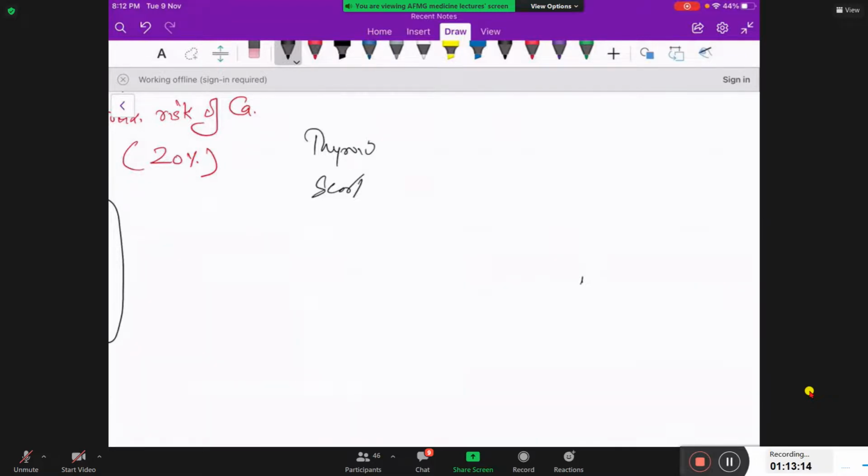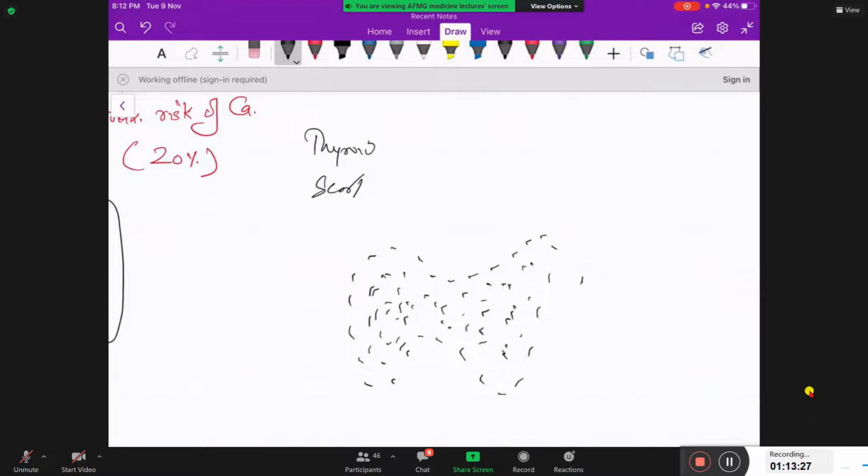So you will get in the neck in this thyroid scan a dotted butterfly, not in the tummy, but in the neck. You will get a dotted butterfly like this in the neck.